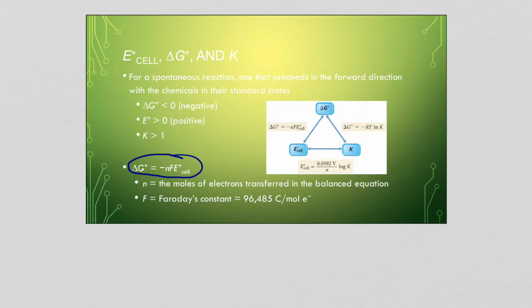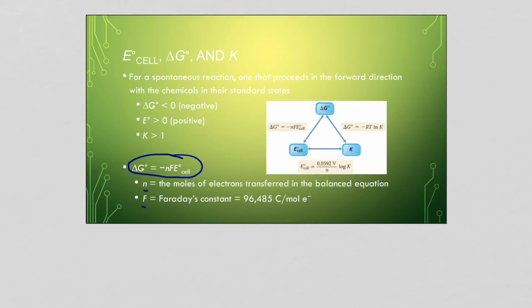Now in this equation, n is the moles of electrons transferred in the balanced equation. If we look back at balancing electrochemical equations, we saw that a certain number of electrons move during the oxidation and reduction, whether it's 2 or 3 or 4 or whatever. But n would be how many electrons are being transferred in the balanced equation. F is a constant known as Faraday's constant, and it relates the charge in a mole of electrons.